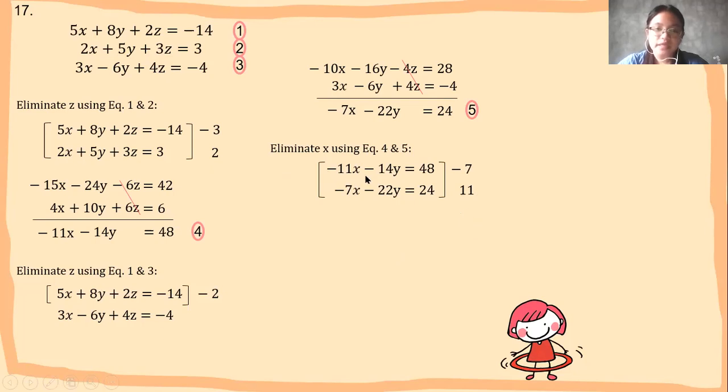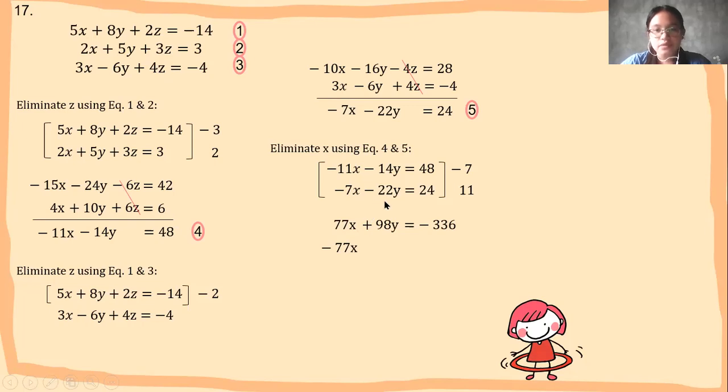So negative 11x times negative 7 will become positive 77x. Negative 14y times negative 7 equals positive 98y. 48 times negative 7 is equal to negative 336. Next, negative 7x times 11, we have negative 77x.